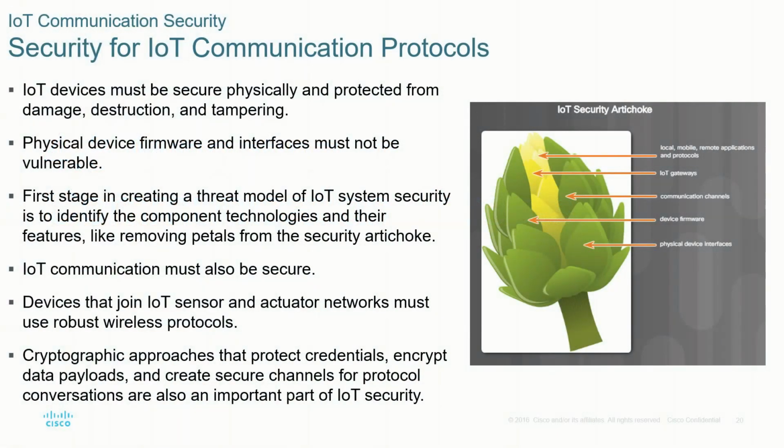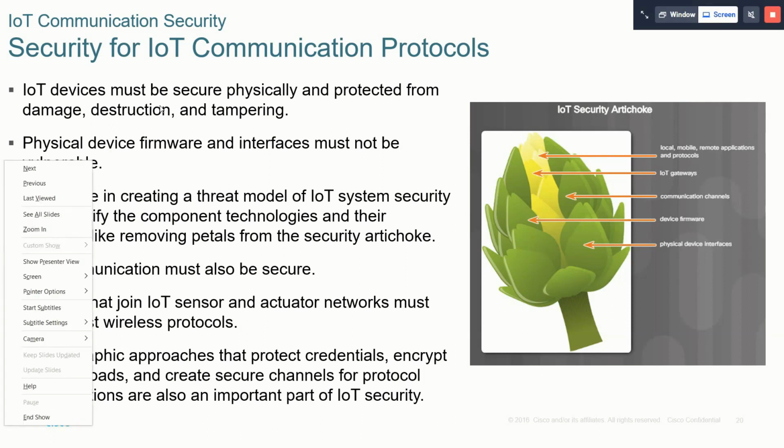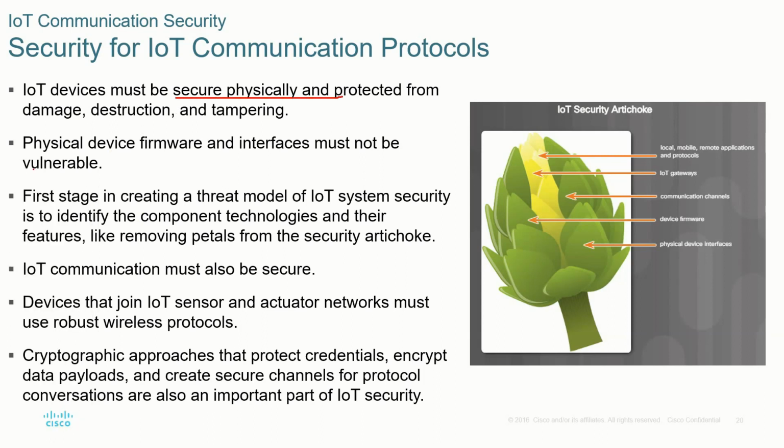So how do we solve this problem? We need to look holistically. A lot of the time we have to make sure that everything is secured physically, prevented from damage and tampering.